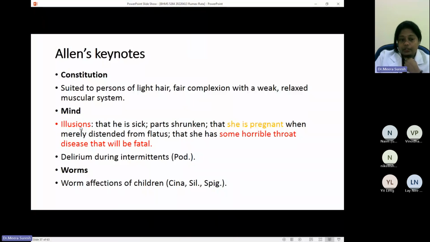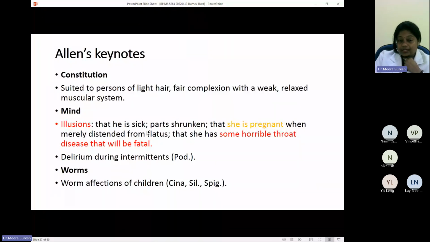And here come all their illusions: that he is sick, parts shrunken. This is also important, okay, parts shrunken. I don't know why I forgot to darken, I mean, color it. But whatever part is affected, even in the throat region, it feels that it has shrunk or reduced its size.